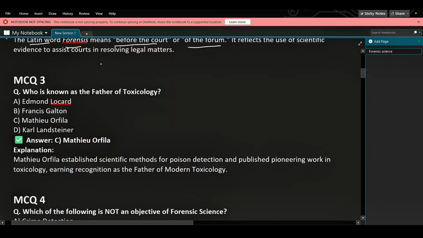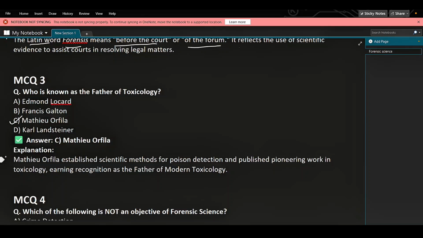MCQ 3, which is: who is known as the father of toxicology? The options are Edmund Locard, Francis Galton, Matthew Orfila, Carl Landsteiner. So the correct answer is Matthew Orfila.